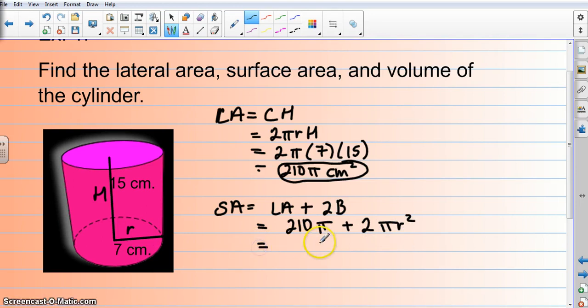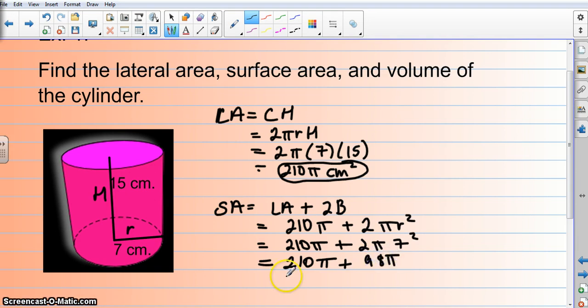So I have 210 pi plus 2 pi times 7 squared. 7 squared is 49, and I multiply it by 2, and so I get 98 pi.